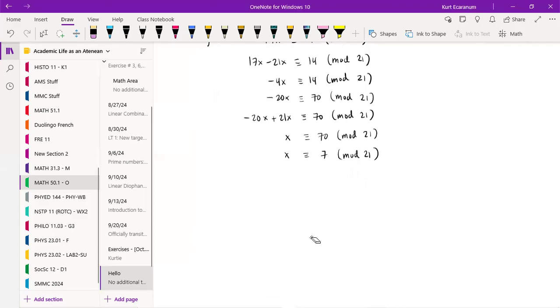And 1f. Ayan. So, mahirap hanapin yung inverse niyan. Okay? I mean, you can do that, but bakit mo gagawin yun? 'Di ba?